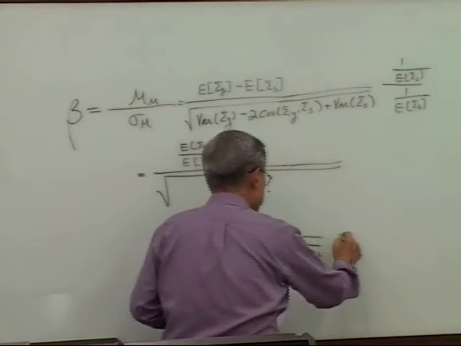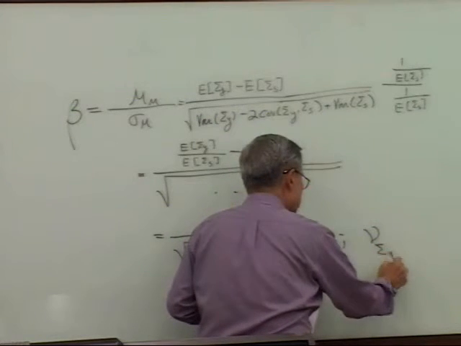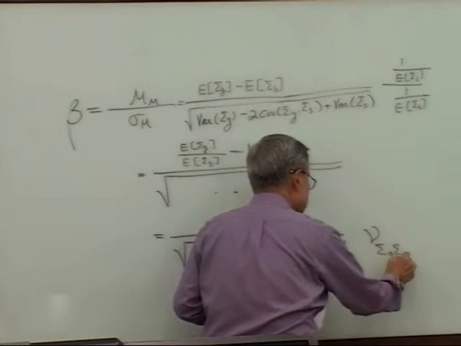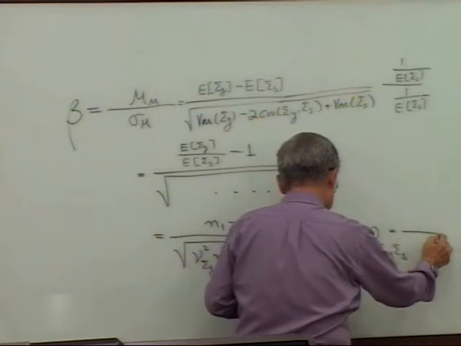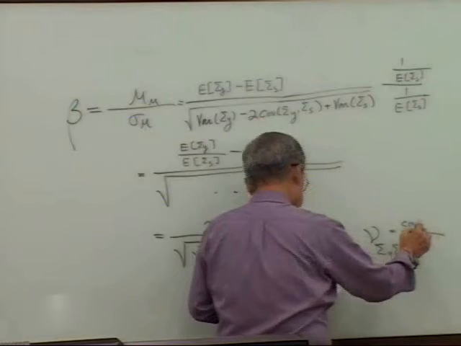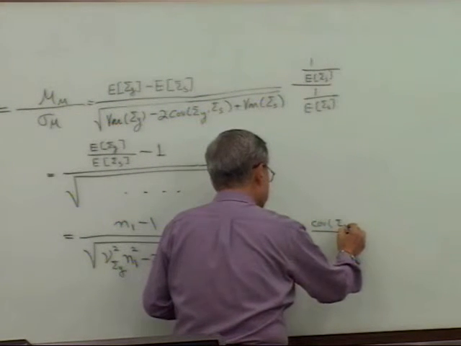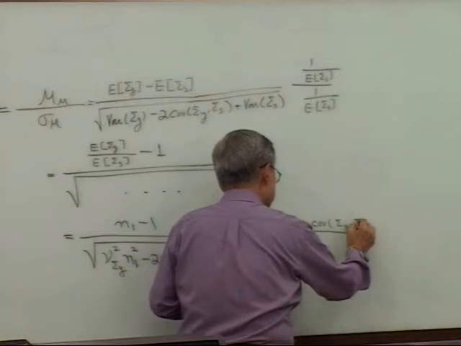Please confirm yourself over here: mu y, sigma y, sigma. This is covariance. You will get a simple problem set on the covariance.